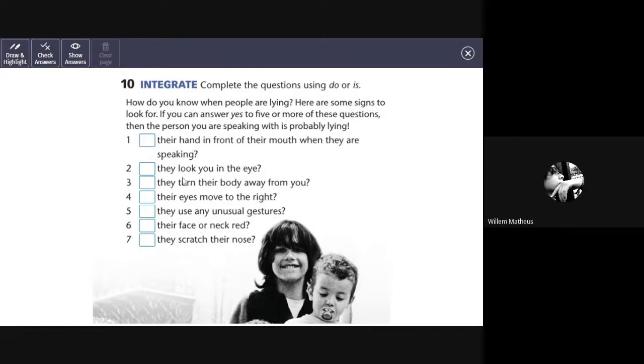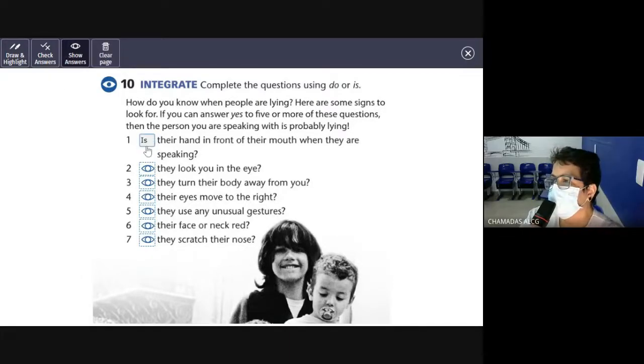Is. Let's see. Is their hand in front of their mouth when they are speaking? Okay, this is a sign. Number 2.